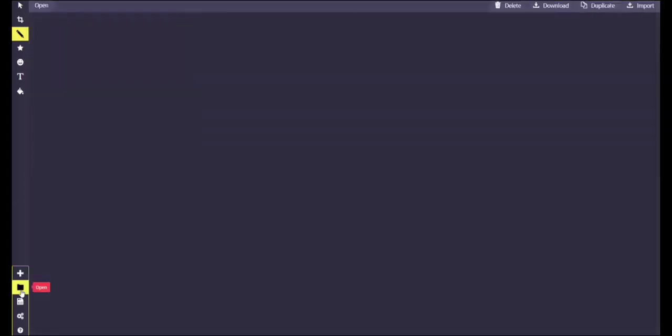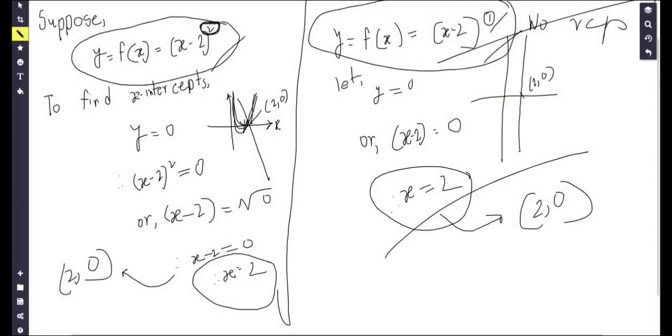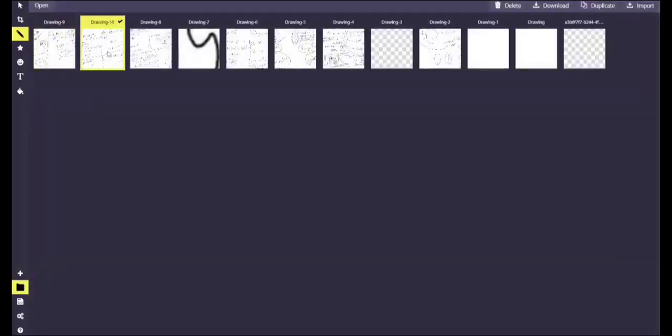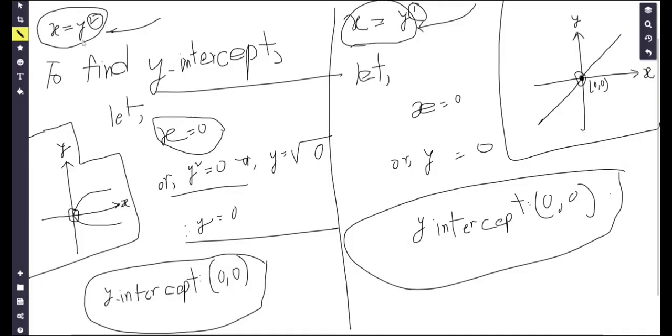Same thing we observe here for the y-axis. When we have a repeated root, x is equal to y square, the intercept is 0, 0, and x is equal to y for the linear equation, the root is 1, the y-intercept is the same, 0, 0 as this intercept.